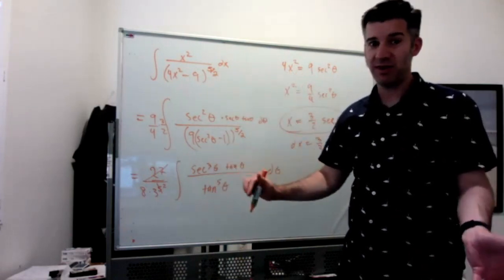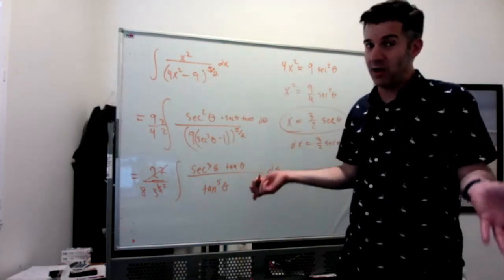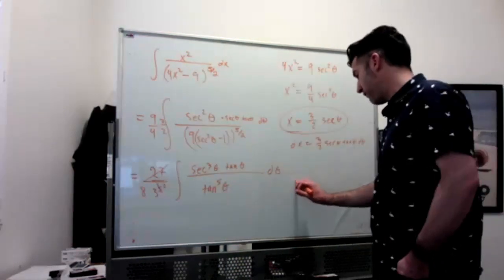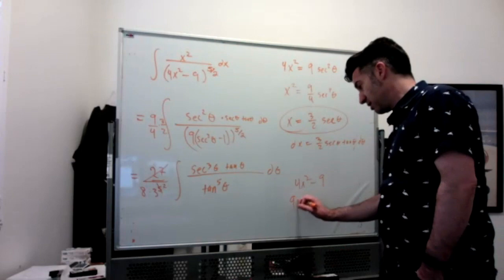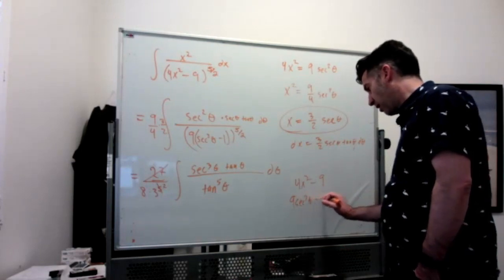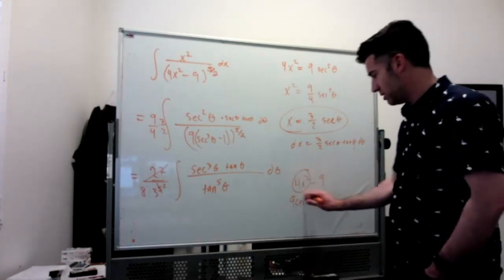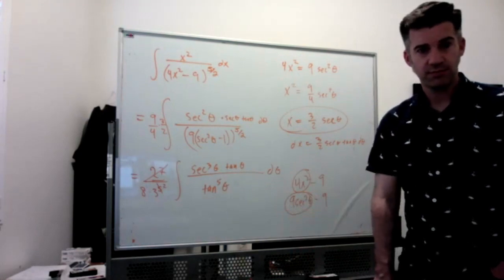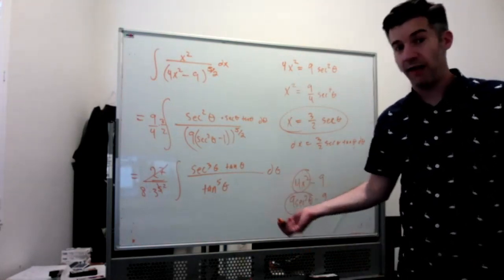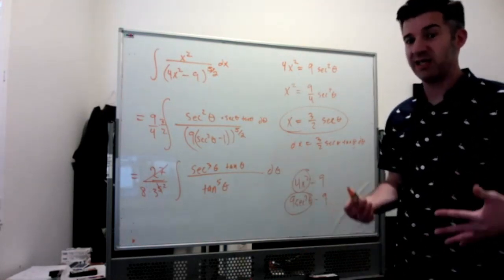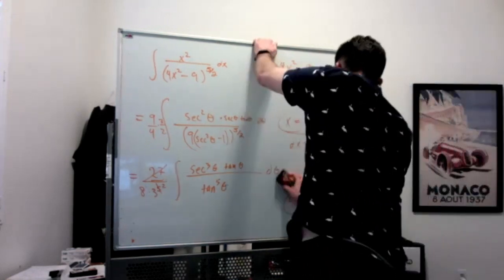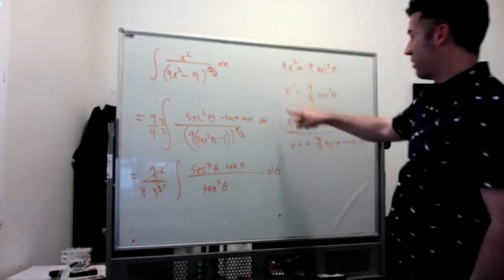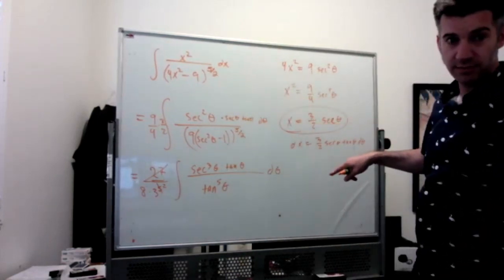You don't actually have to think about what x has to be right away. You can be like, I know I need a trig identity. I know I have 4x squared minus 9. I know I want 9 secant squared theta minus 9. Okay, well, these need to be the same. It works. I feel like it's probably the easiest way to do it. It's the way that's going to be the easiest to then figure out what x actually is.